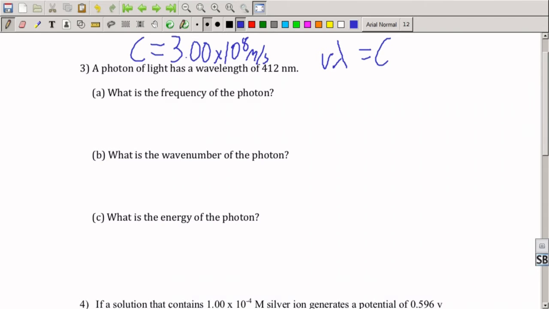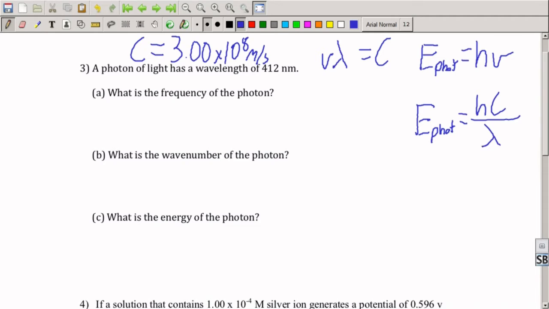For some of the other things, what else do we have to remember in here? We have to remember that the energy of a single photon is equal to either h times the frequency or h times the speed of light divided by the wavelength.